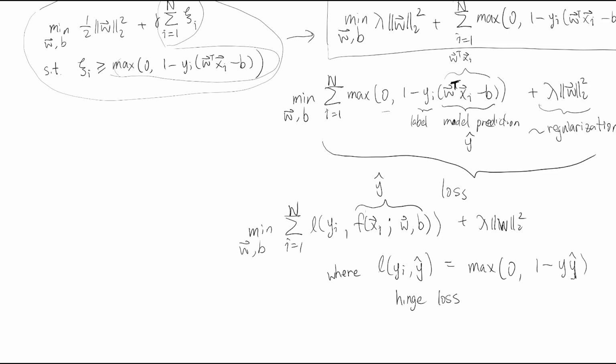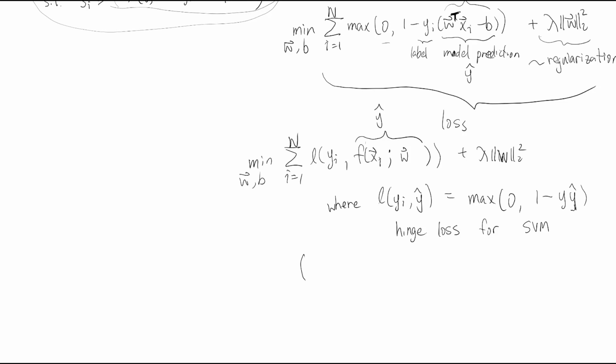We can just introduce an extra 1 into the feature, and then we can just move the b inside w. So more simply, we can remove the b by redefining w and x. Hinge loss, so now we basically have something that looks like what we had before, but we're using the hinge loss for SVM.